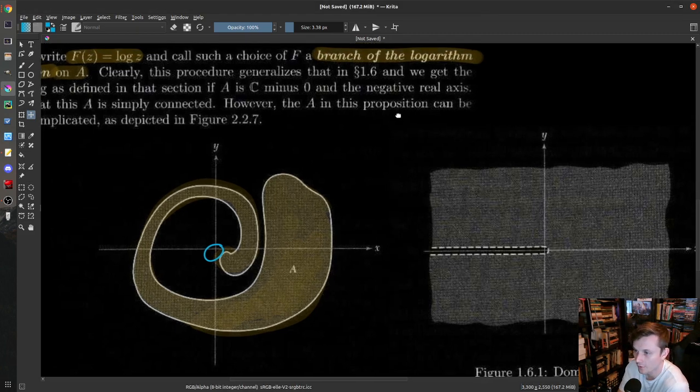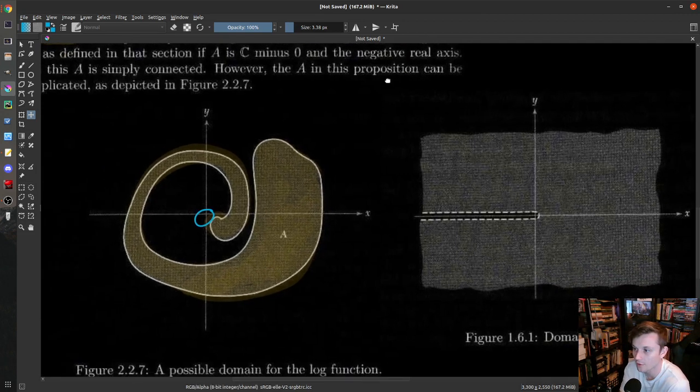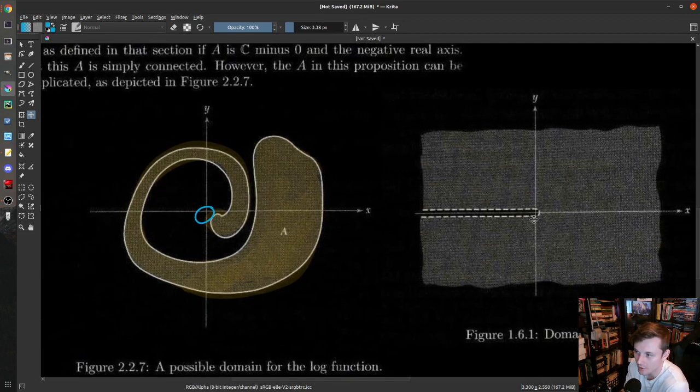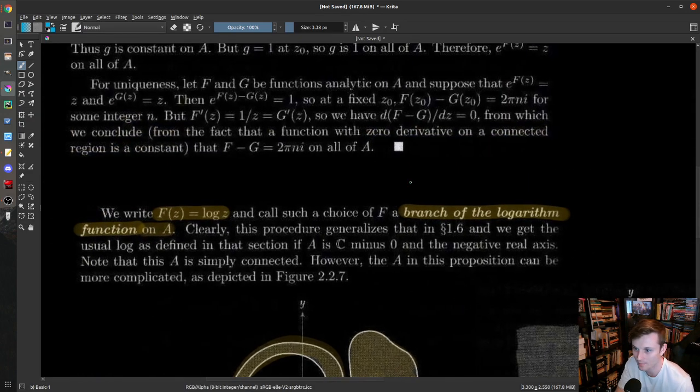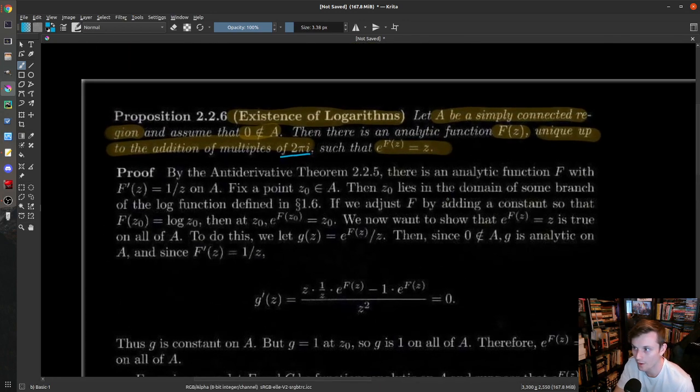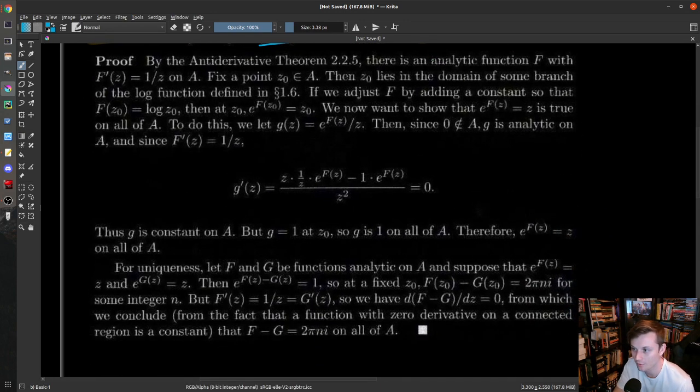Okay. So here's two different domains for the logarithm. Notice neither of them contains 0, right? Neither of them have 0 in them. And they're just two different areas. They're both simply connected regions, right?